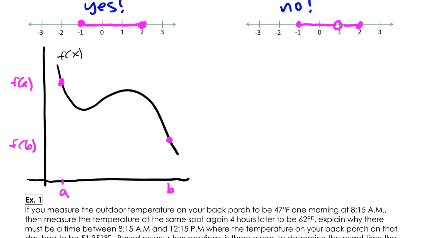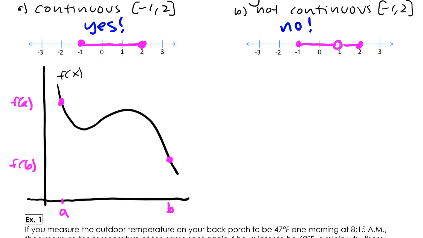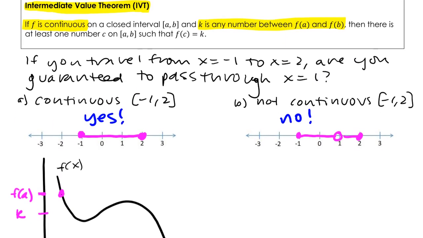Okay, so if k is any number between f(a) and f(b), then k is going to be anything between these. It doesn't matter where we pick. I'm just going to pick a random value here. Let's call this k. That's f(b). That's f(a) and f(b). So going back up to the theorem now, it says if k is any number between f(a) and f(b).